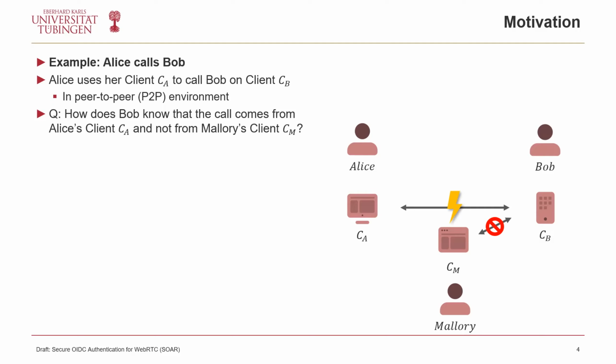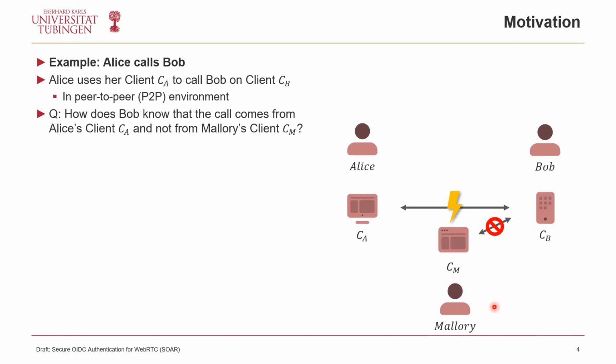As I told you, the WebRTC security concept just thinks that clients can be identified with their certificates, but randomly generated certificates cannot identify the user behind the client. So we have a solution for that, and that's OpenID Connect, where we can authenticate Alice and Bob.